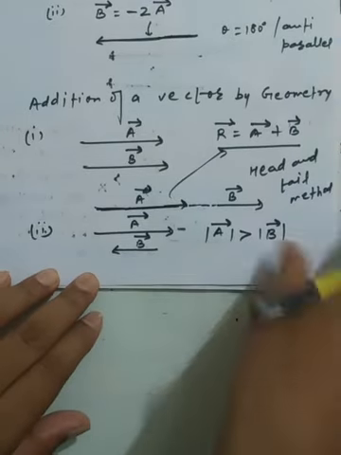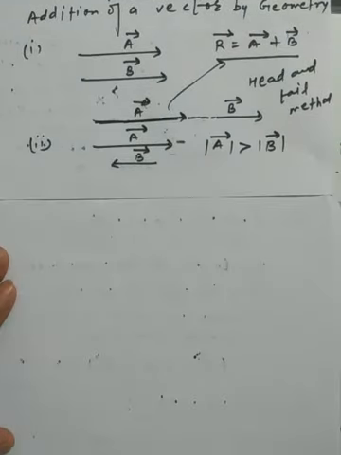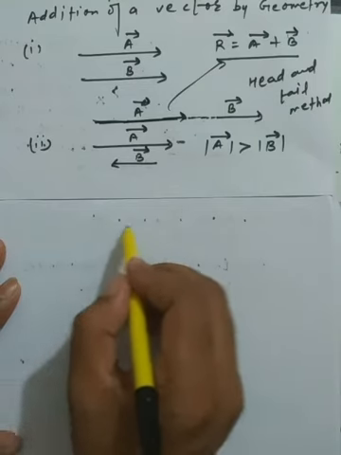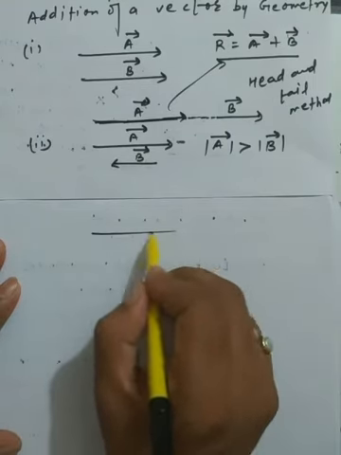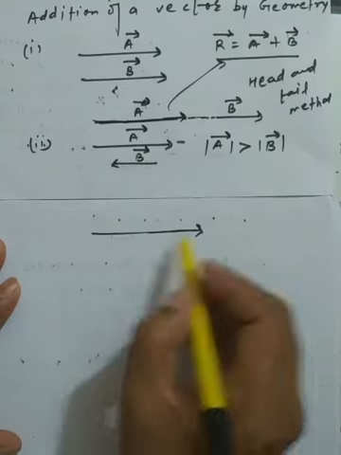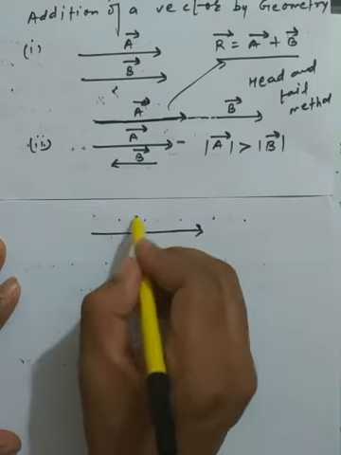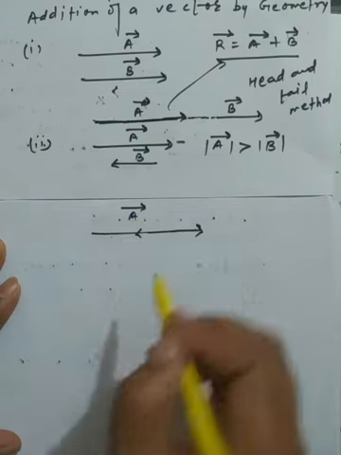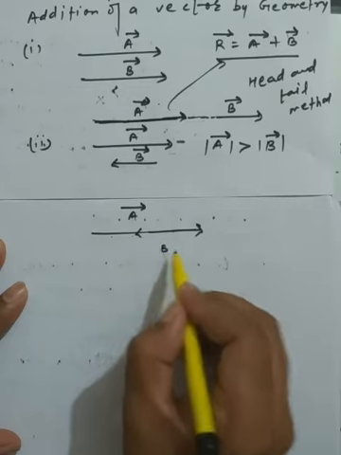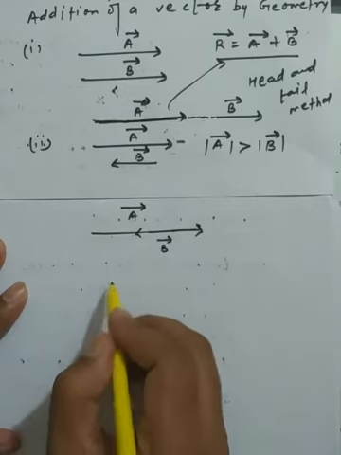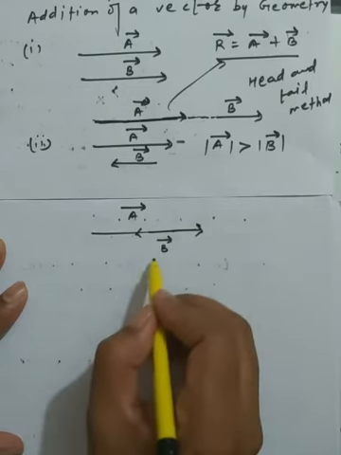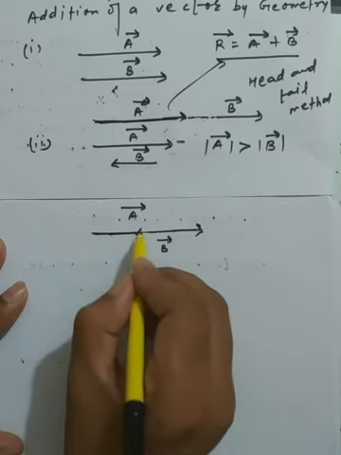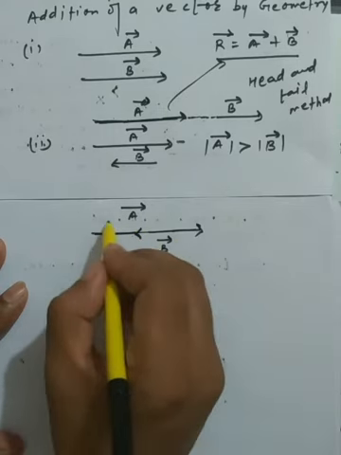Okay, now I am just putting the vector a in the same direction, and I am just superimposing. This one is a complete representation of the vector a, and here in the opposite direction we have the vector b, and by the mean of that, vector b is acting opposite to the direction of a.